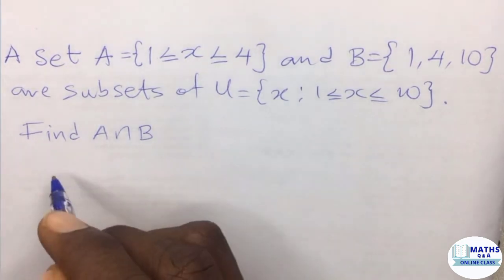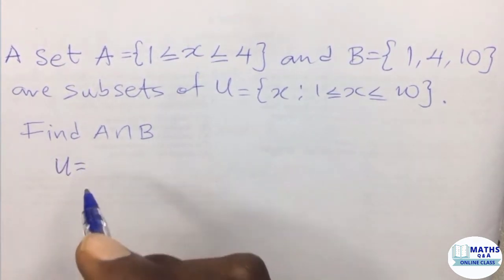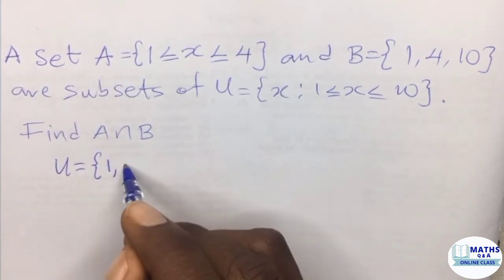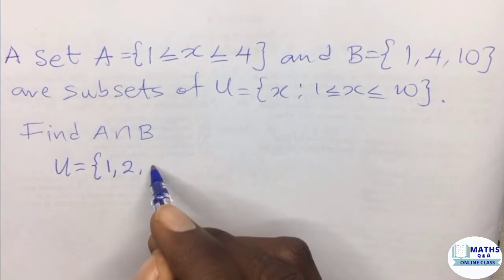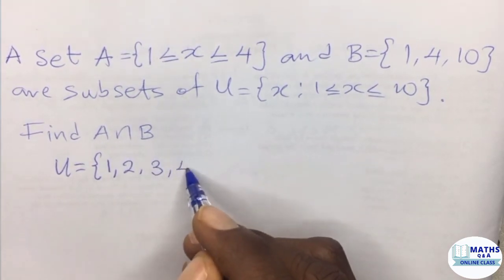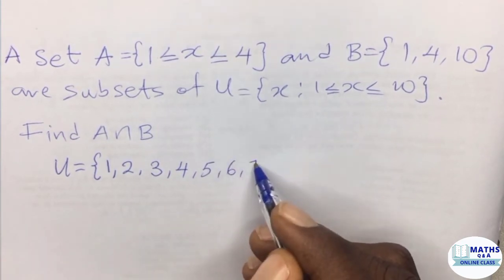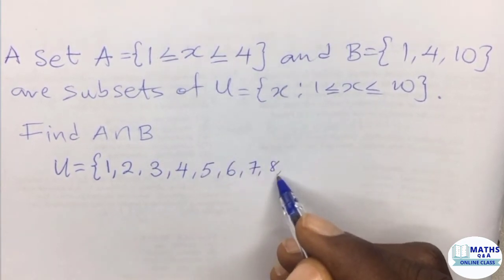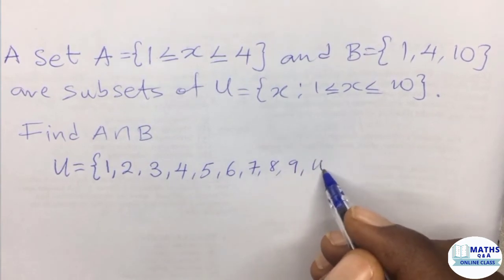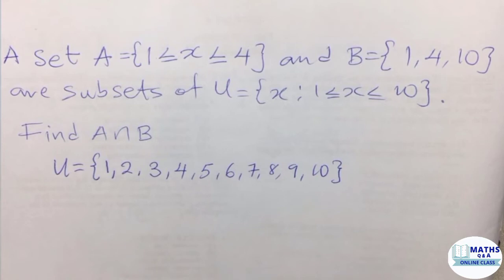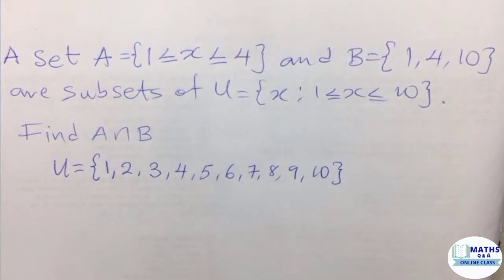So with the universal set, we're starting from 1. Then we move to 2, 3, 4, 5, 6, 7, 8, 9, and then 10. So these elements form the members of the universal set.